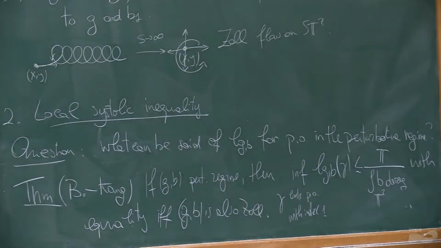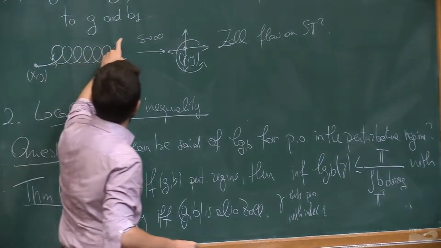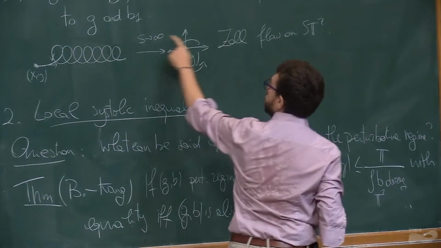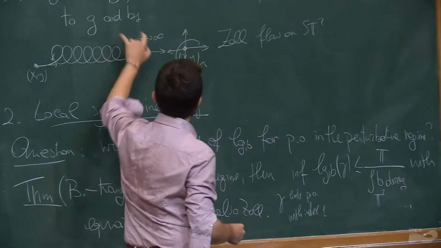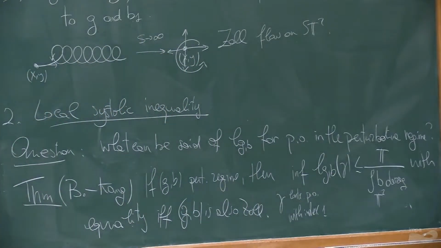Okay? So here actually we need a bit more. We need a C3 perturbative regime in the C3 topology, and also the fact that S is big with respect to G and B1. Here also we have to take this C3 topology.